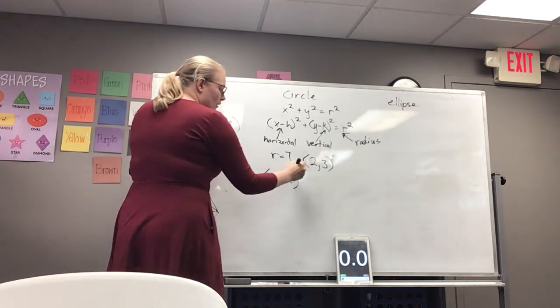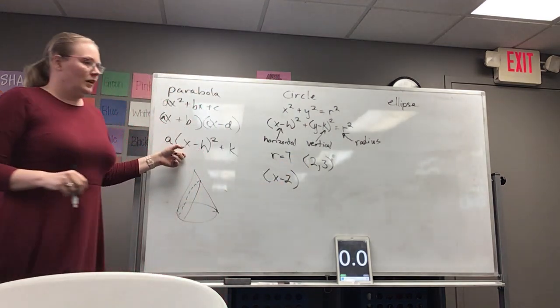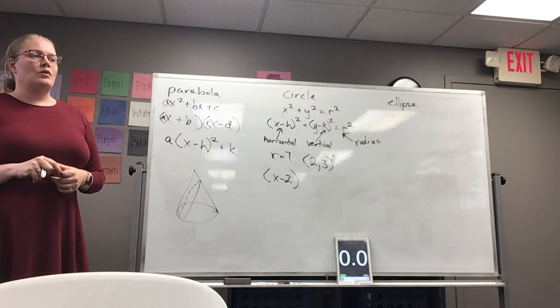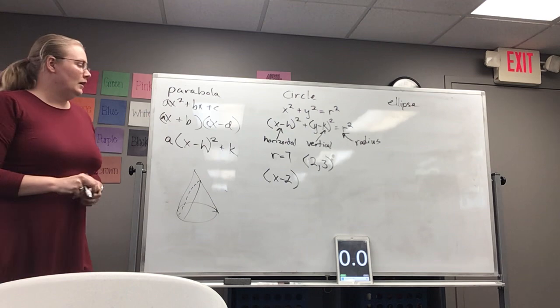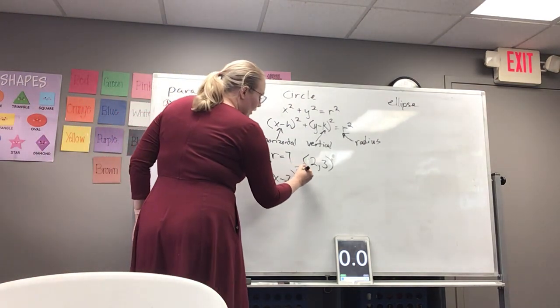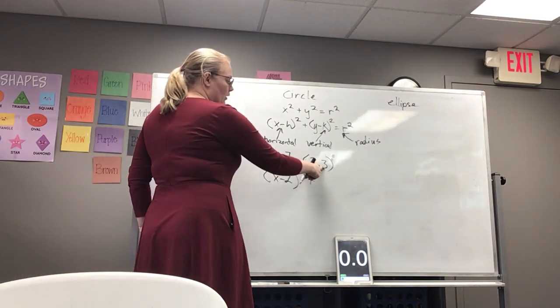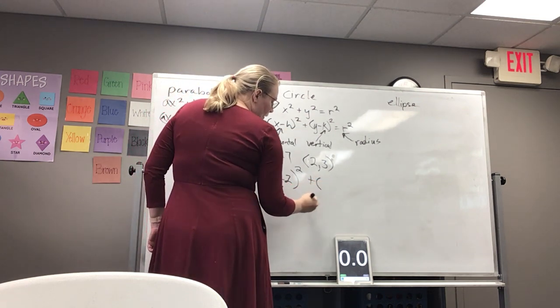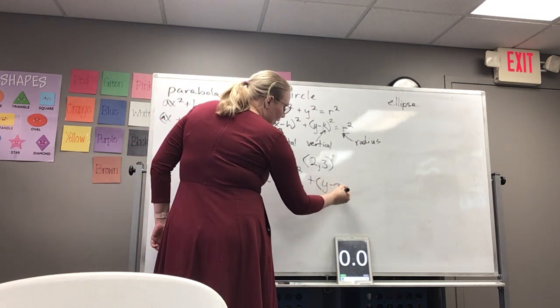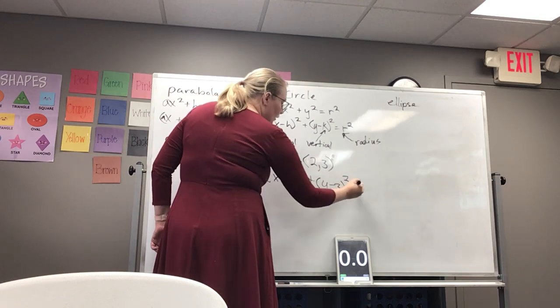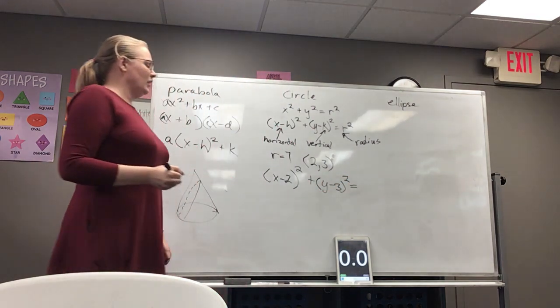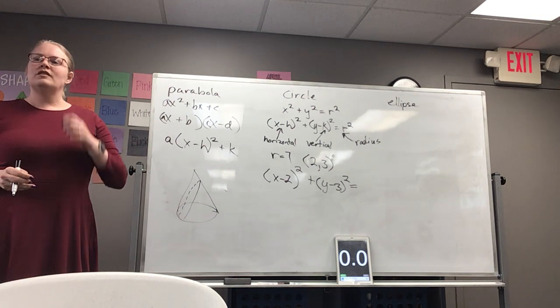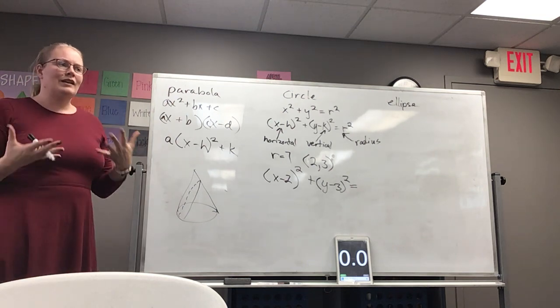And so it is that opposite sign that, again, I'm hoping you have seen with the parabolas. And so it becomes x minus 2 squared plus 3 affects our y, our vertical, and so it's y minus 3 squared. And it equals, sometimes you'll see it as 7 squared, sometimes you'll see it as 49.